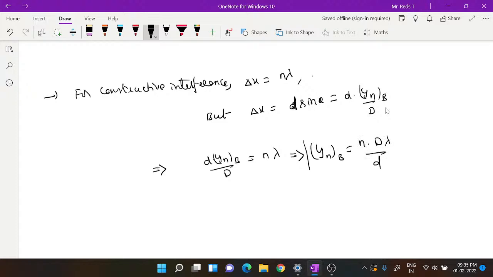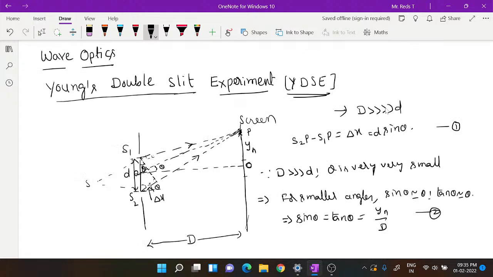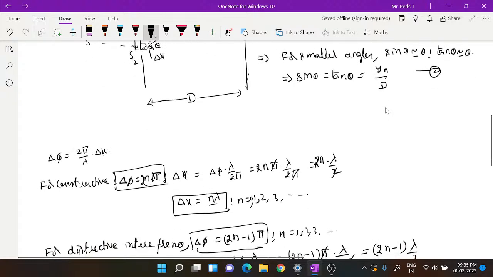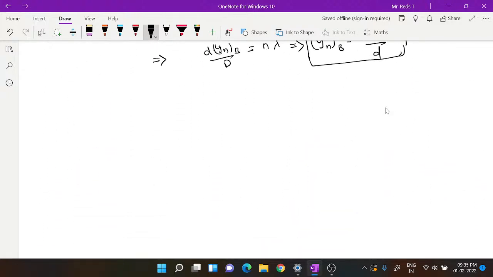This gives the position of the nth bright fringe, where n is equal to 1, 2, 3 and so on: first bright fringe, second bright fringe, third bright fringe. In the diagram, measured from the central maximum point. Similarly, dark fringes will be obtained for destructive interference.